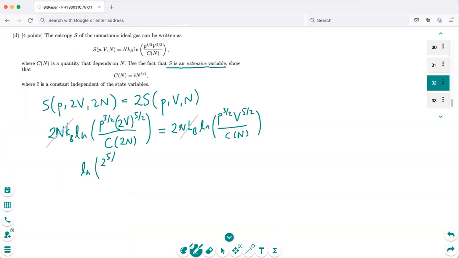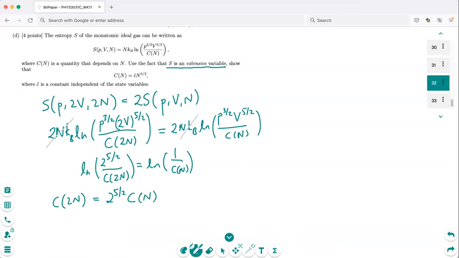You have 2 to the 5/2 C of 2n. This whole thing will be the same as log of 1 over C of n. All right, so you tidy up a little bit, and you have this result: 2 to the 5/2 C of n.